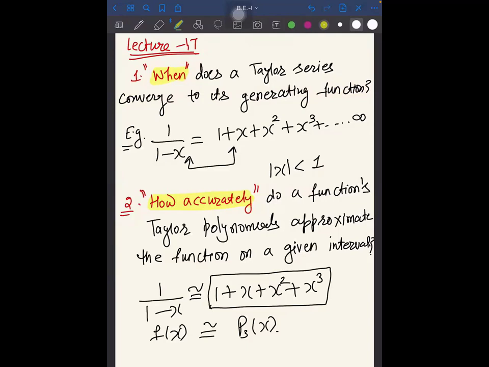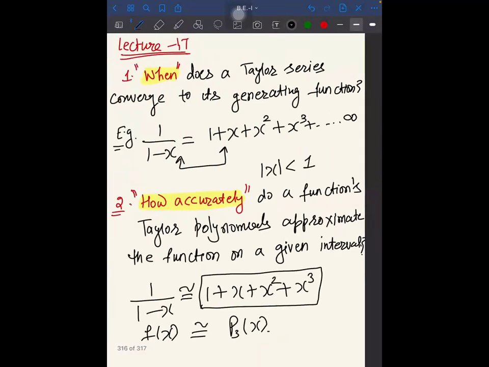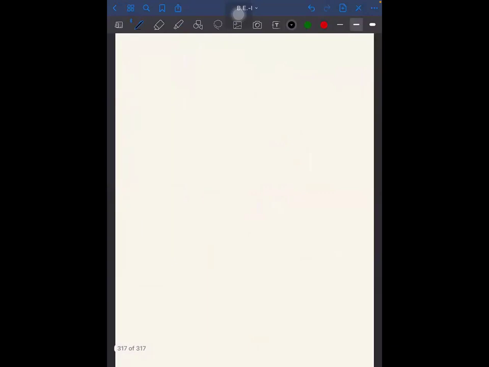I'll write a few theorems, but I'll not go into the proof of that. We'll be focusing only on these two things in this exercise. For this, we need Taylor's theorem first.